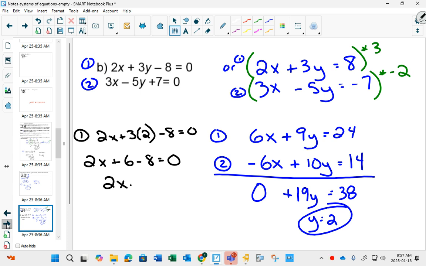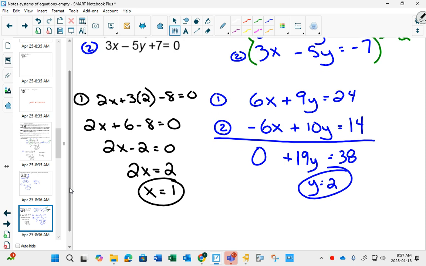That'll be minus 2. If I'm solving for x, I need to get the x by itself. So I'll move the 2 over to the other side. Then I can divide both sides by 2. And I get x equals 1. So my solution as a point, my x coordinate would be 1. My y coordinate is 2.